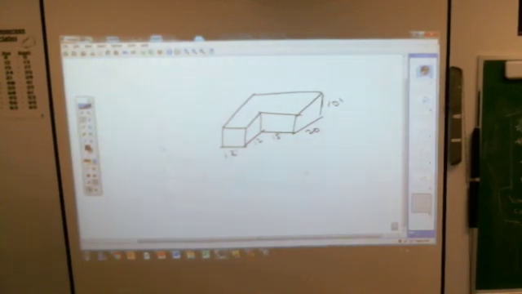Showing all of those steps I just gave you, if you could very much find the volume of that. Feel free just to go step by step. It's not a long process.